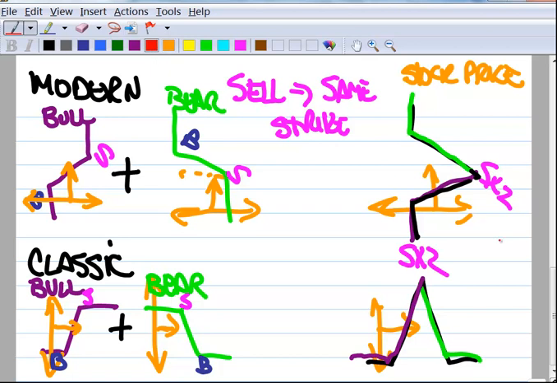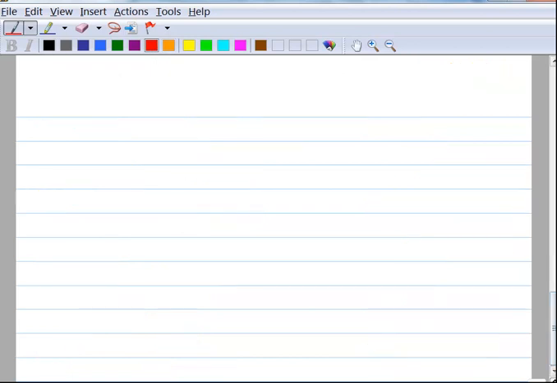So let's take a look at redrawing it again in modern view. Let me get the marker a little bit thicker.